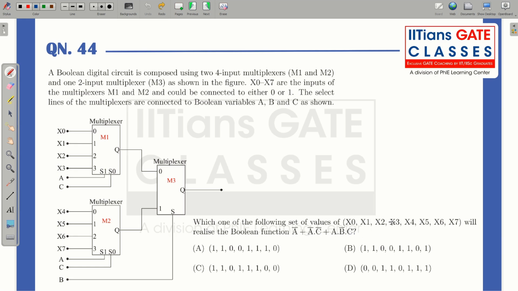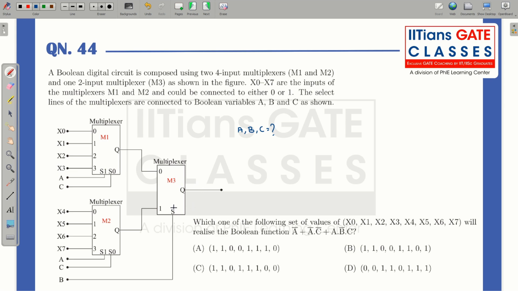Now this is a very conceptual question. Why am I saying so? See, if nothing is given, what should be the order of A, B, C? Out of A, B, C, which is MSB, which is LSB? Can you tell me? Whenever we have such a circuit, remember the multiplexer whose selection line is driving other multiplexers, that is your MSB.